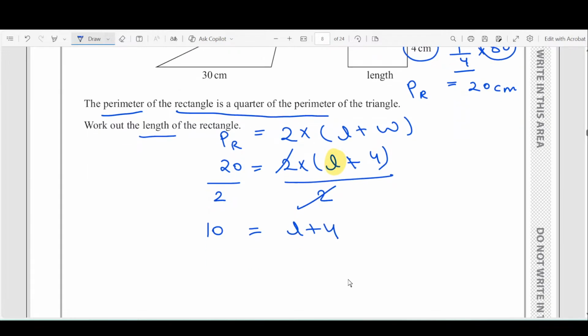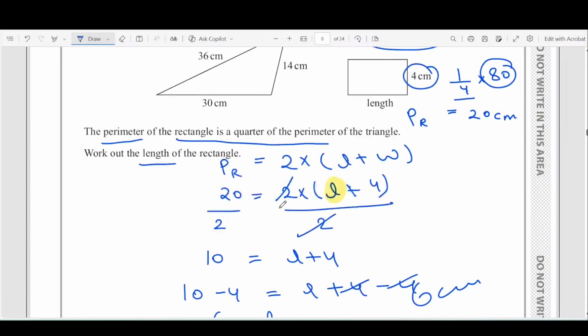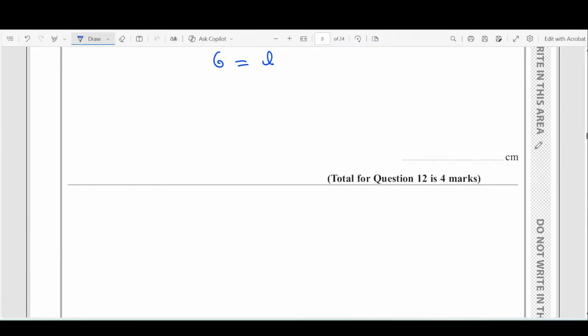To get rid of this, we need to do the opposite of plus 4, which is minus 4. If we do minus 4 on both sides, this will cancel out, and 10 minus 4 is 6. So the length is 6 centimeters. Make sure you write the unit. It's already written there, so it's just 6. Okay.